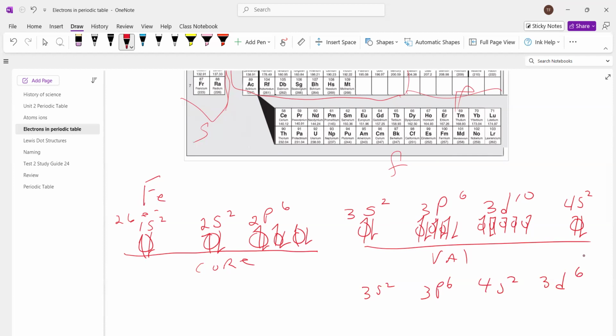Four of them are single, and then the first one is a double. Because there's five, and there's 6 electrons, you put five across and then start pairing them up. Okay, so that's what iron looks like.